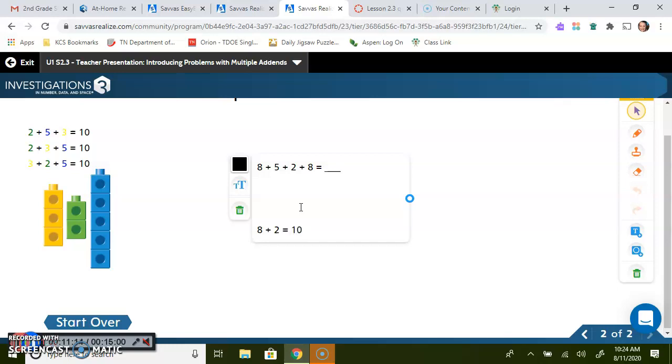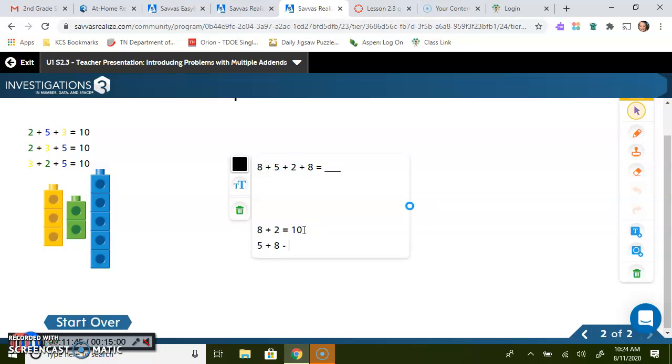It's a nice, friendly number. So we could start by solving 8 plus 2 if we wanted to solve this number string. If we started with 8 plus 2, what do you think would be the next step? We've used this 8 and we've used this 2. What would we need to add next, do you think? Yeah, the 5 and the other 8.